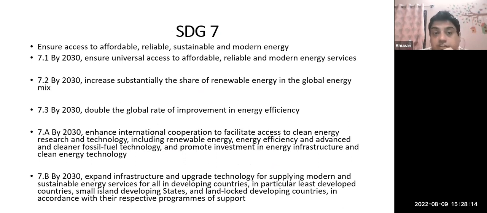The major goals of SDG 7 are: by 2030 ensure universal access to affordable, reliable, and modern energy services, increase substantially the share of renewable energy, double the global rate of improvement in energy efficiency, enhance international cooperation to facilitate access to clean energy, and expand infrastructure and upgrade technology for supplying modern and sustainable energy services, especially for the developing countries. So these are the major goals related to SDG 7.